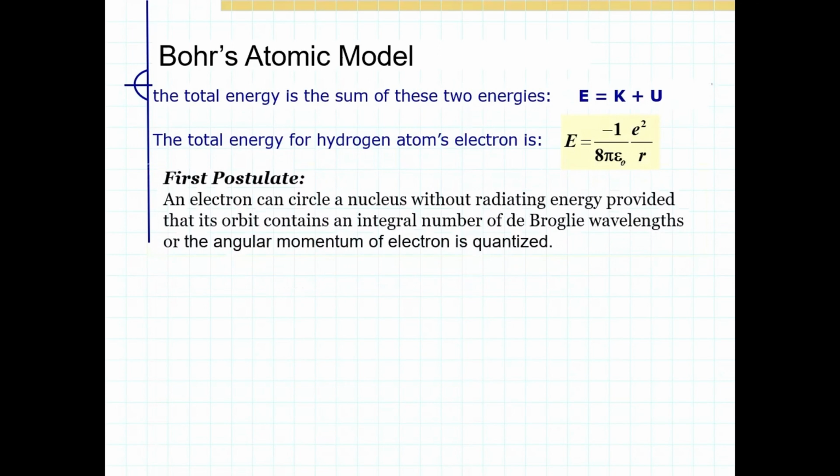The first postulate is that electrons will circle a nucleus without radiating energy, provided that its orbit contains an integral number of de Broglie wavelengths. What is de Broglie wavelength? According to de Broglie, every particle has an associated wave, and the wave has a wavelength.